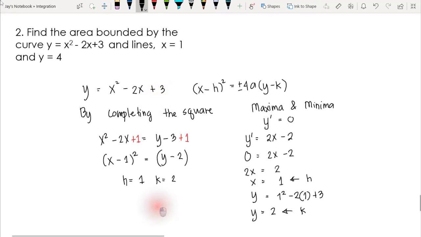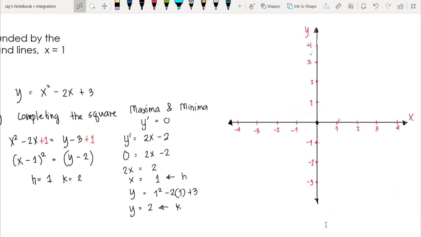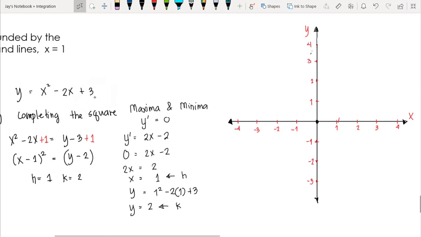Okay, so you can use either of the two, whichever is easier for you. Since we have already our vertex, we can now plot this equation in our Cartesian plane. Now we know that this equation is parabolic, which is opening upward, since again we have a positive equation here, and we have our vertex which is in the coordinates (1, 2), so we have 1, 2 here, at this point.